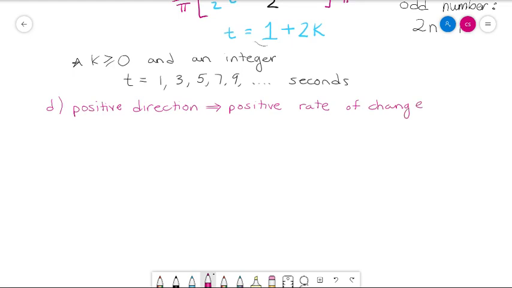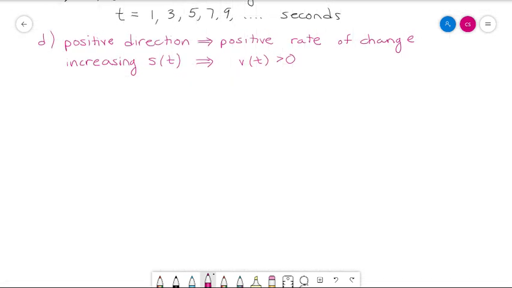All right, so over here, this would be like an increasing S of t, and that would correspond to a positive velocity, okay? All right, so let's hop to it. Well, we know our f prime function, we know our velocity function, the derivative of the position.